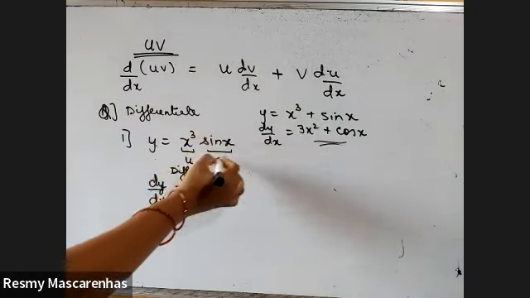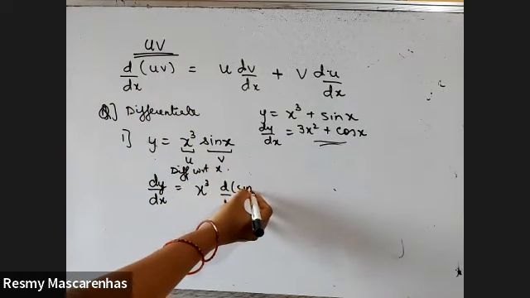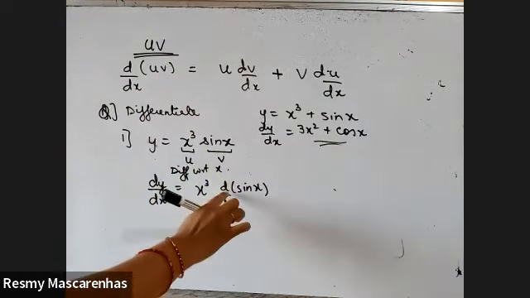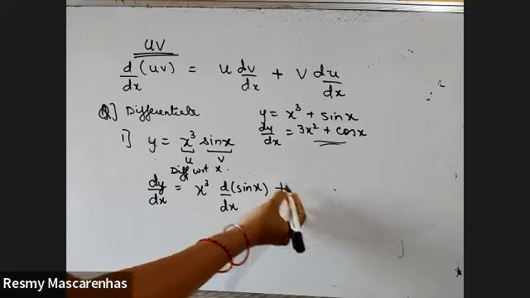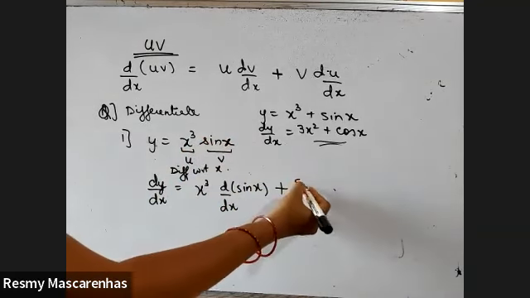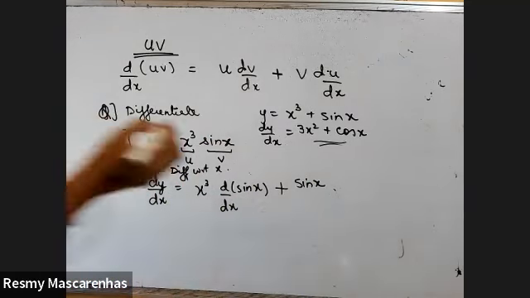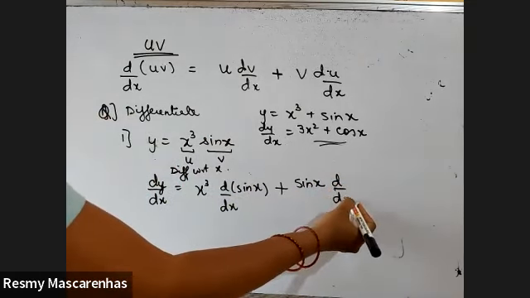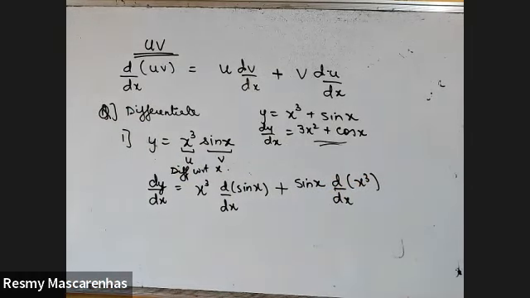Now what you have to do? Take the derivative of the second one. Instead of v, you have to put sin x. Take the derivative of the second fellow. Then plus sign. Now copy paste v as it is, and take the derivative of the first.